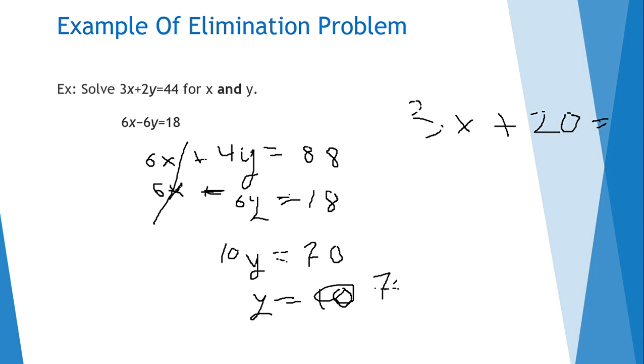Okay, 3x plus 20, or 14 now, equals 44. And 44 minus 14 would be 30, so we'd have 3x equals 30, and if we divide both sides by 3, we'll get x equals 10. And boom, same answer as the substitution and the graphing.